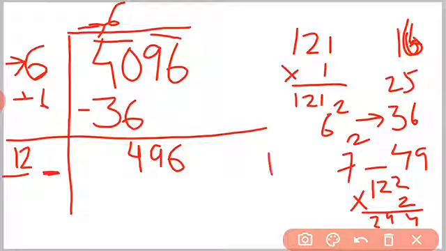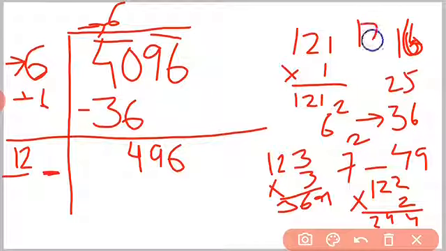So take the next number as 123. So multiply 3. What do we get? 369. 369 is close to 496. Let's check for 124. Multiply 4.